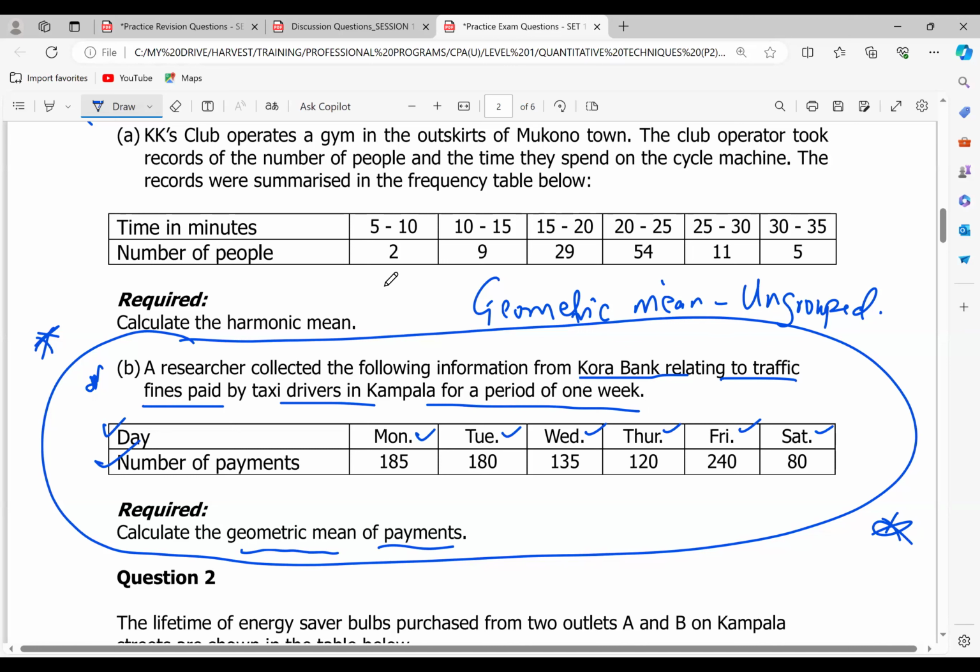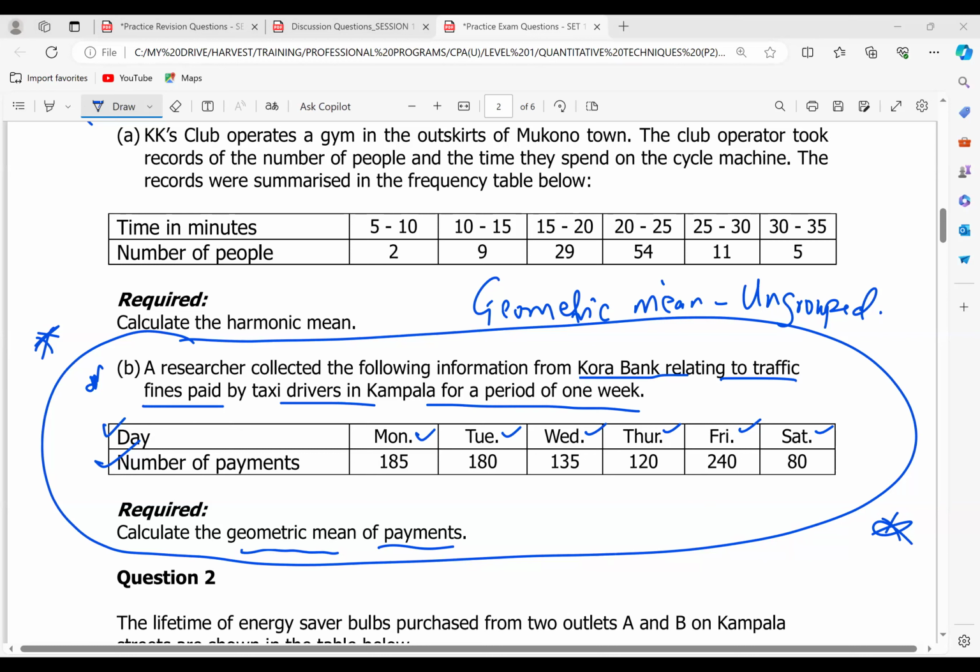Okay, so how do we do this? The formula that we have seen in the previous segment, where we discussed geometric mean of grouped data, will not work here. We are going to use a totally different formula.